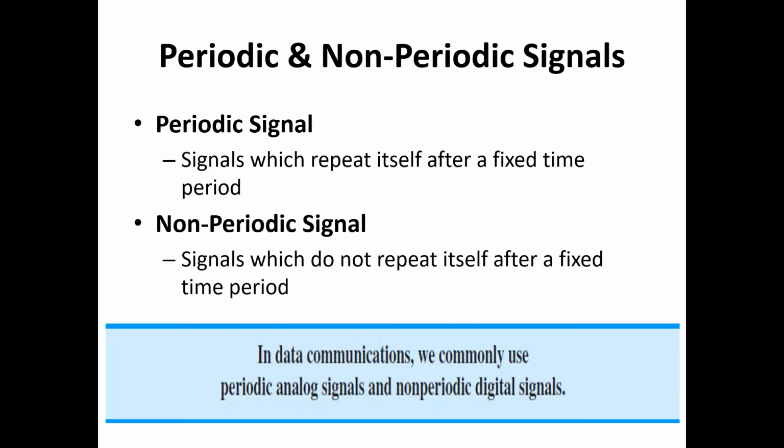In this slide, let us try to understand what is periodic and non-periodic signal. A signal is said to be periodic if it repeats itself after a regular interval of time.